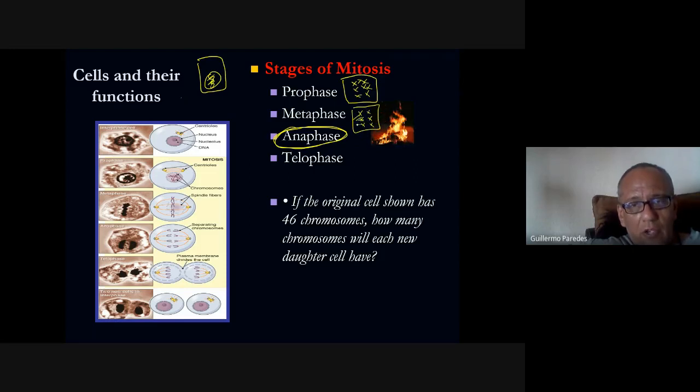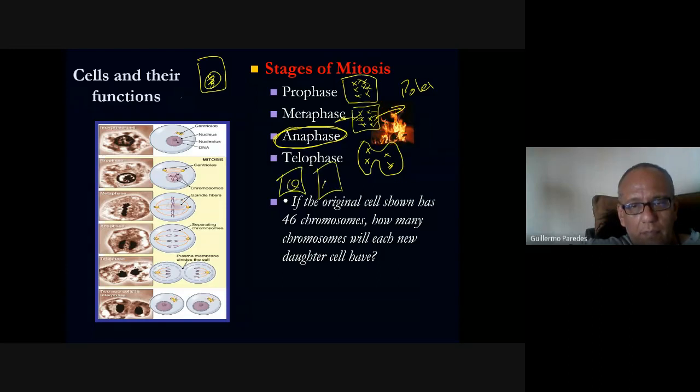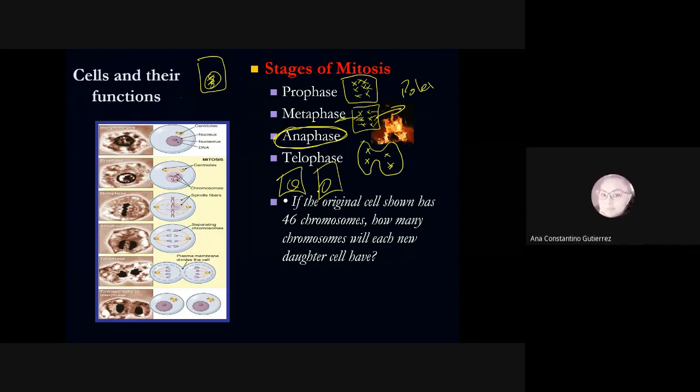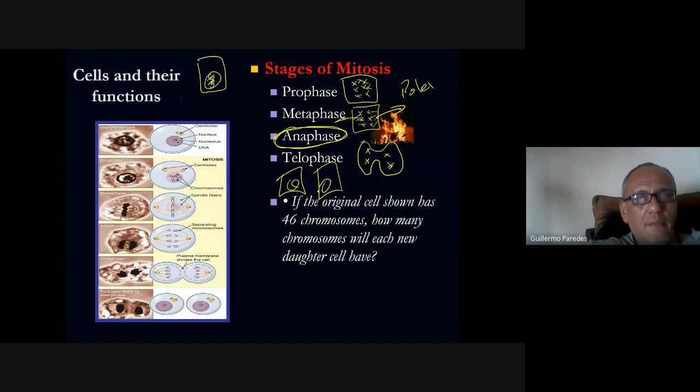The centrioles come to do their work, and they start to pull to the poles, to the extremes, one side to the other. So in the anaphase, you have the cell like this. And the telophase is the totally completed cell division. Okay? Yes. Excellent. Thank you for your participation.